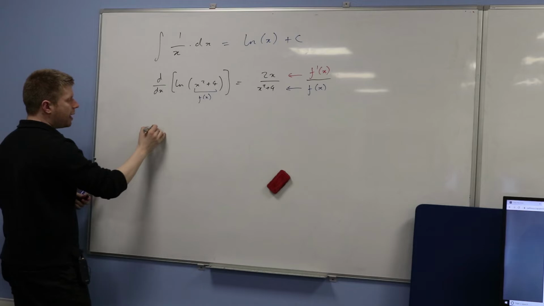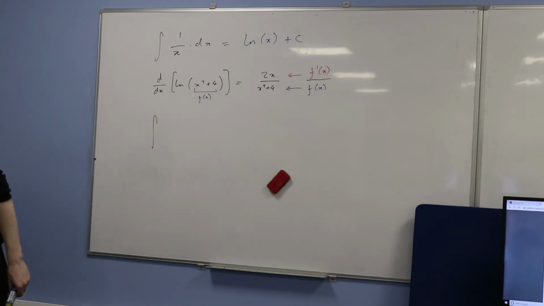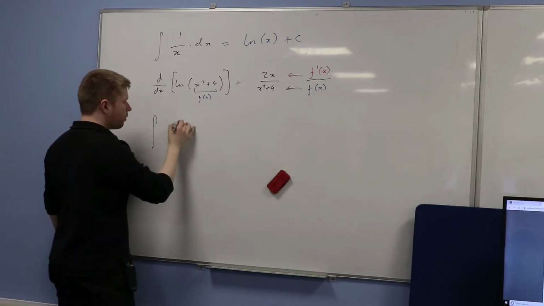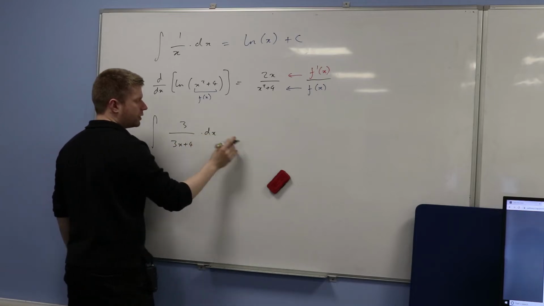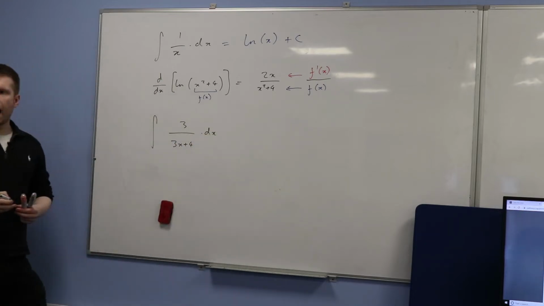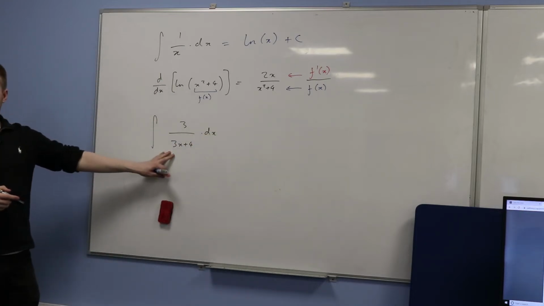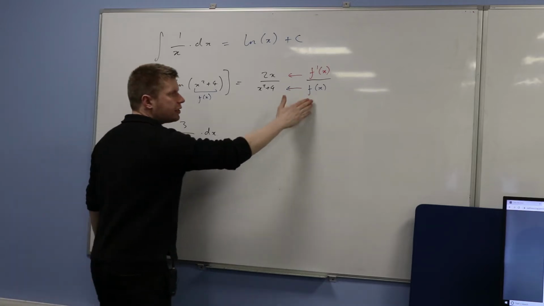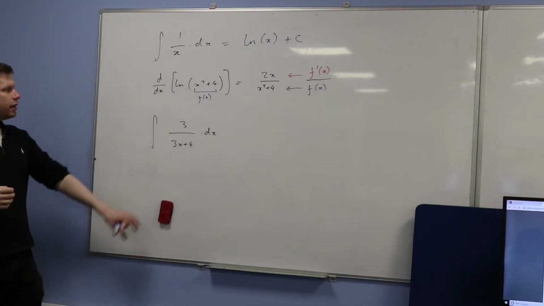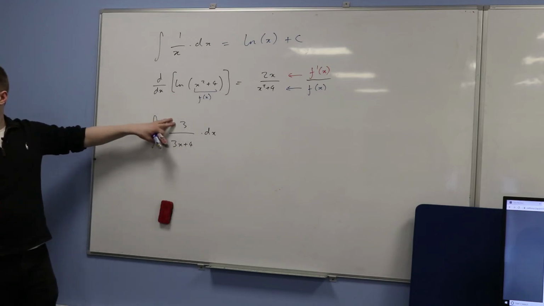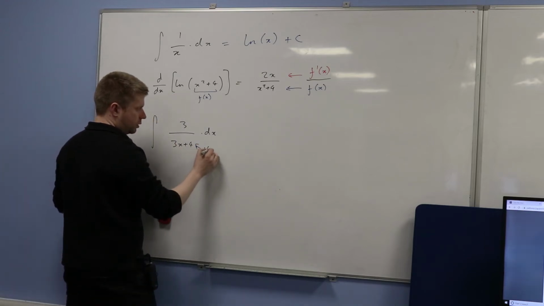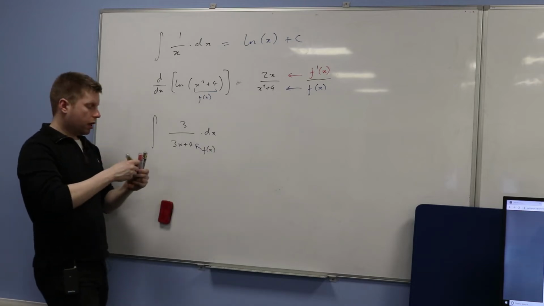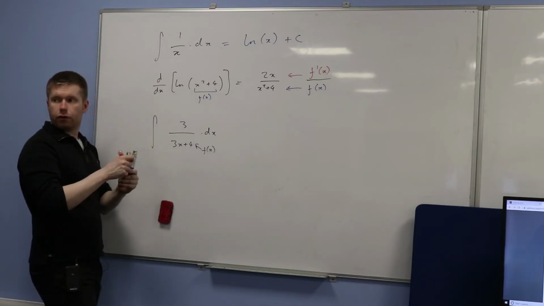So if I'm integrating something like 3 over 3x plus 4 with respect to x, this looks a bit awkward, doesn't it? But if I make use of this fact, this is my function, 3x plus 4, on the denominator, and on the numerator, what do I have?